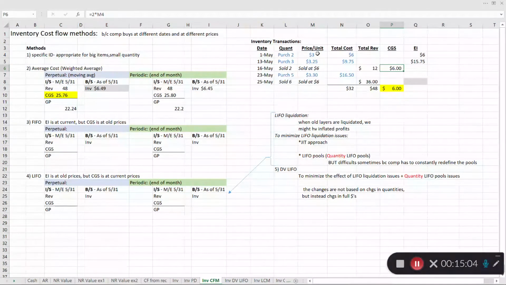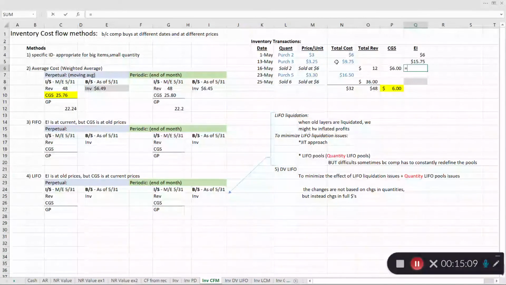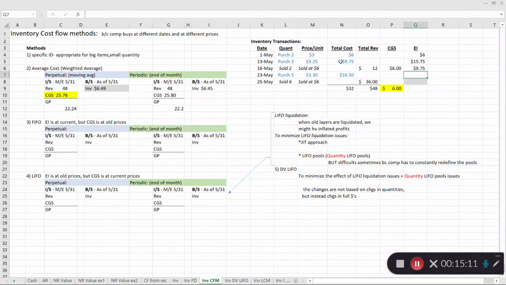And then what that means is that my ending inventory is going to be made up of these units right here, 3 at 325, and that's 975. Now, the next item that occurs is that you have a purchase at 330 each. So my ending inventory now is going to be made up of 975 plus the new units.